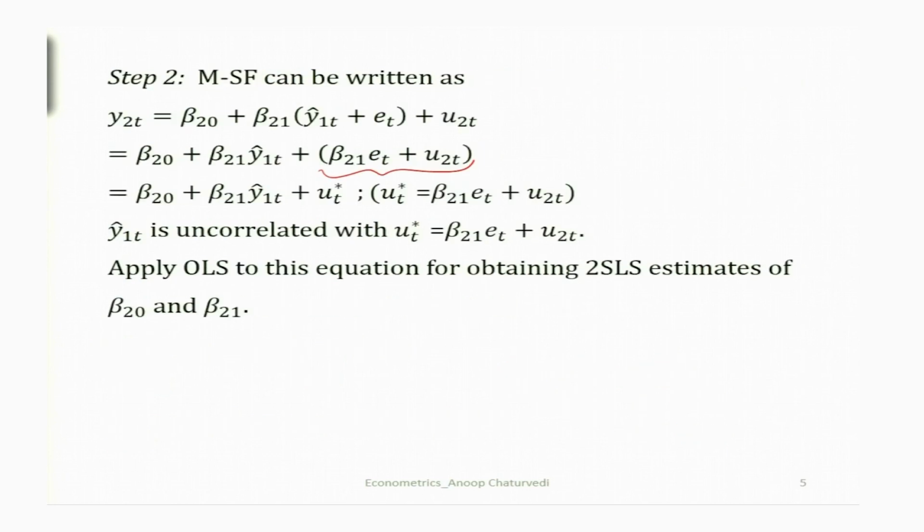Then in the model, we replace y 1 t by y 1 t hat, its predicted value, and then we run the regression for obtaining the estimators for beta 2 0 and beta 2 1.